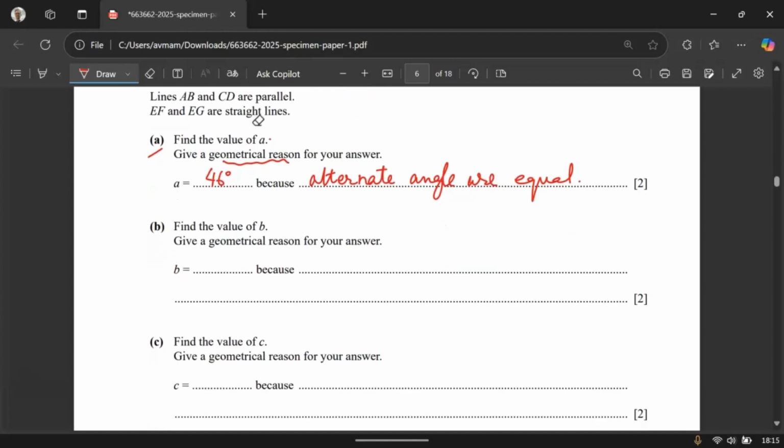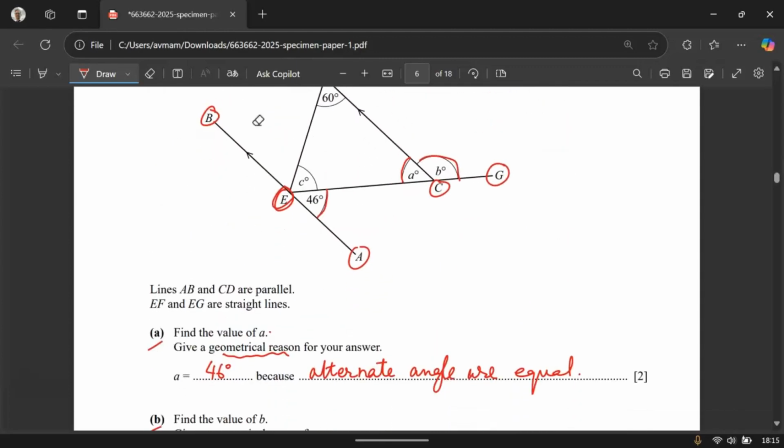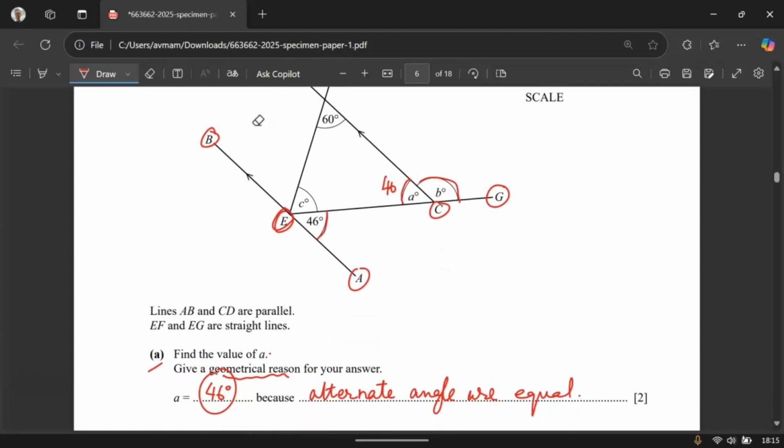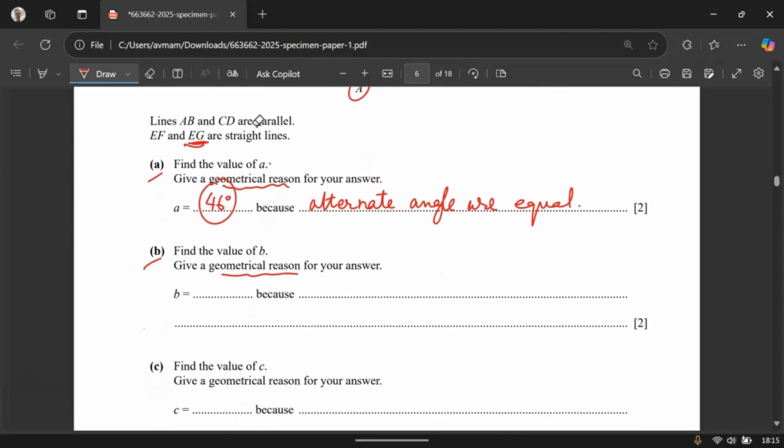Okay. Question B. Find the value of B. Give a geometrical reason for your answer. Let's go to B. B is right over here. A we have found just now. That's 46 degrees. So if this is 46 degrees and they have given the information in the question, EG is a straight line. So angles on a straight line add up to 180 degrees.